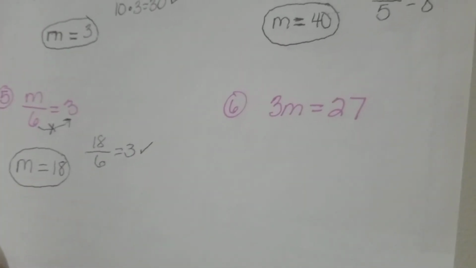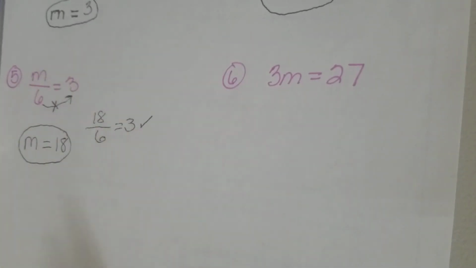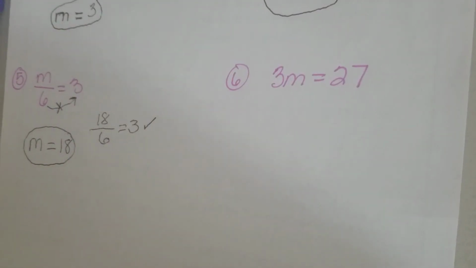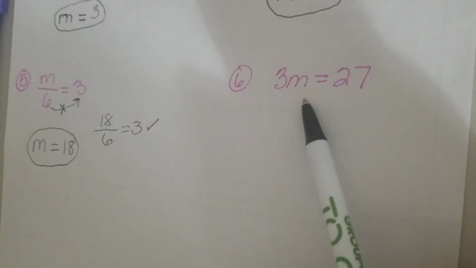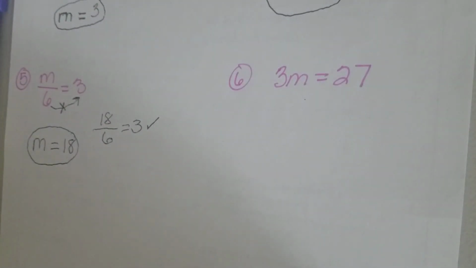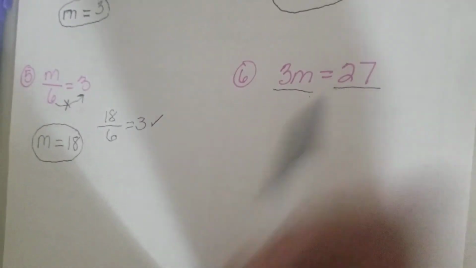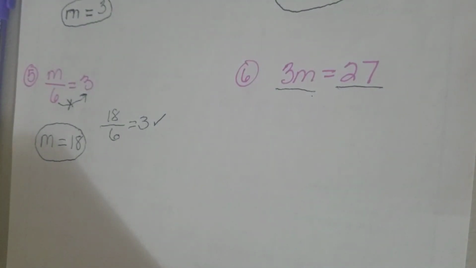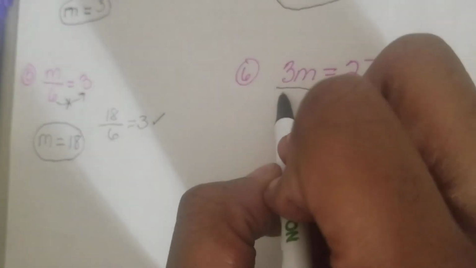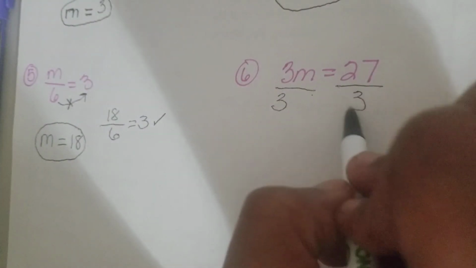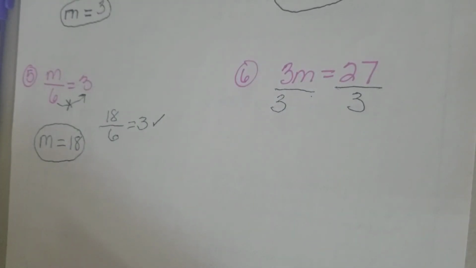Last problem. Okay. Now we have 3m equals 27. So 3 times some number will give us 27. Multiplication, we want to do the opposite. It's division. What are we dividing by? The 3, the number in front of our variable. Okay?